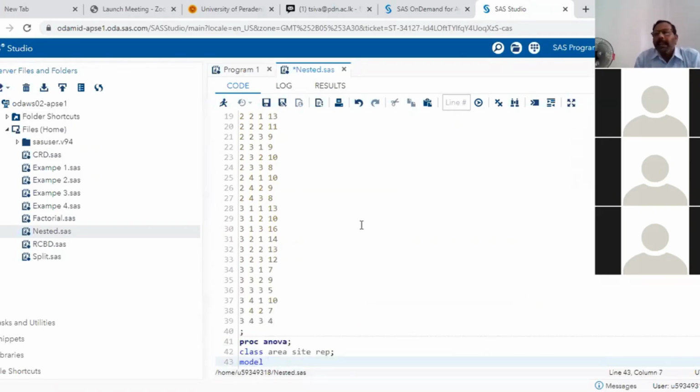Can you tell me what are the components in the model? How many factors are involved in this nested design?